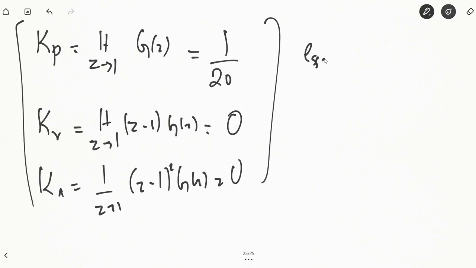Fine. So this is about the steady state error analysis of discrete control systems. We'll continue with the analysis in the next session.